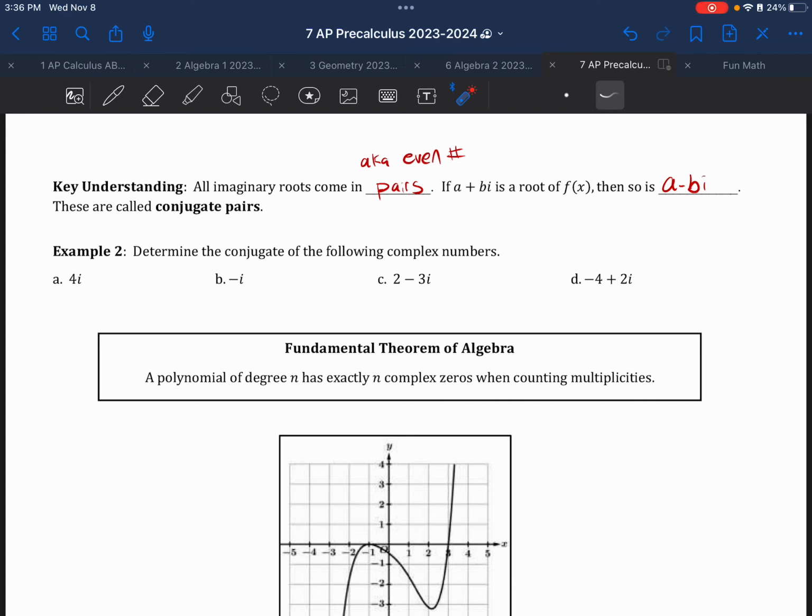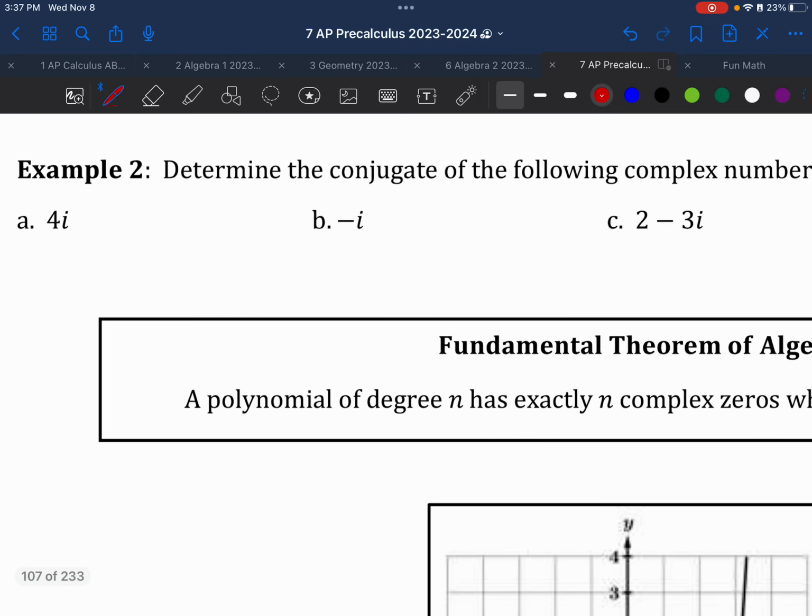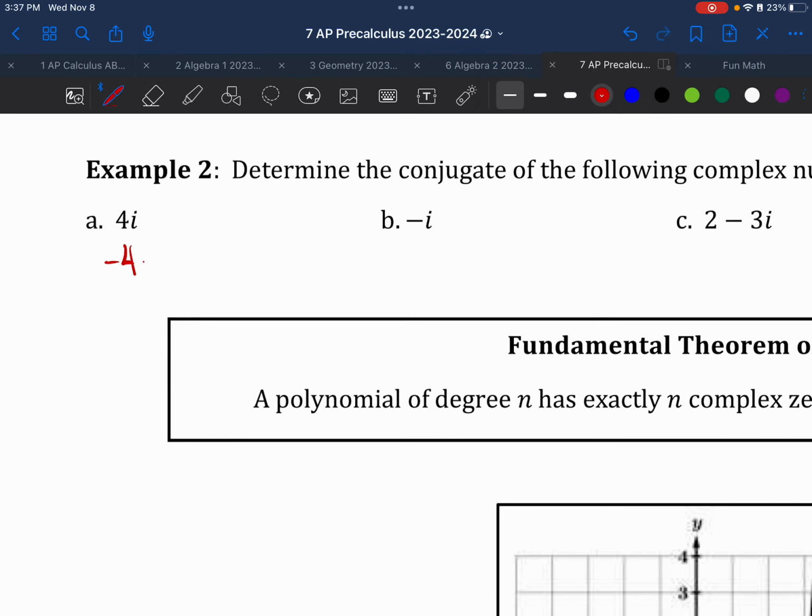Determine the conjugate of the following complex numbers. Again, essentially what we have to do is change the sign in front of the imaginary term. The real term does not change. It never changes. Only change the sign in front of the imaginary term. So there's the imaginary term. The sign in front of it was a positive. Therefore, the pair is negative i.